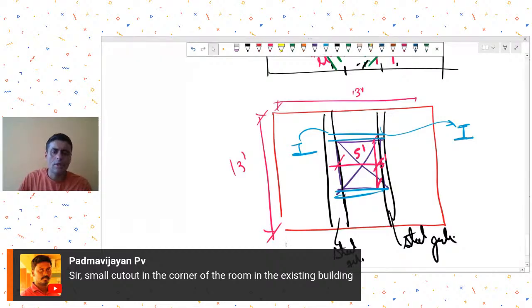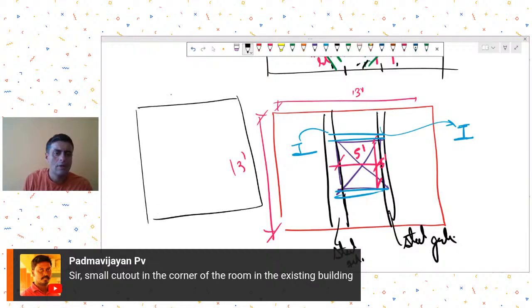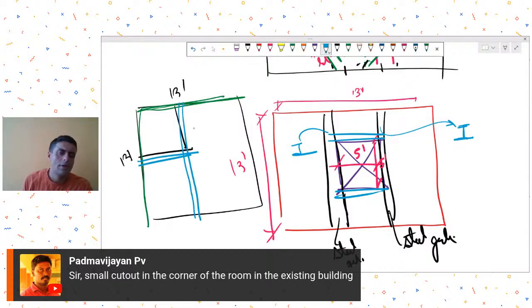So if it's in the corner, as you're saying, try to have a girder system. So assuming there are beams over here, try to have a girder which just rests on this beam, maybe like this. Try to have an actual I beam provided like this.